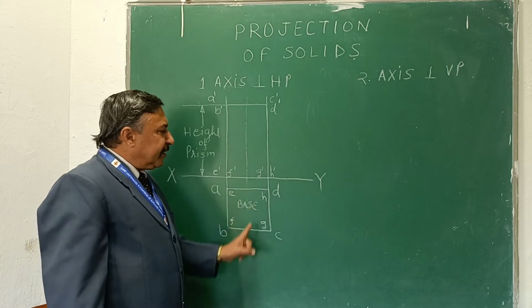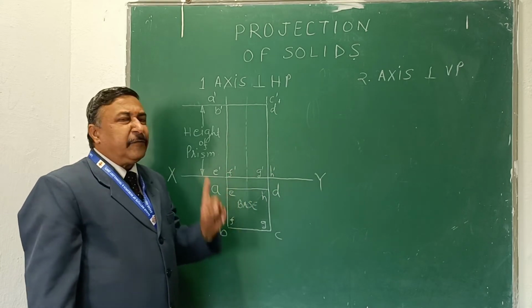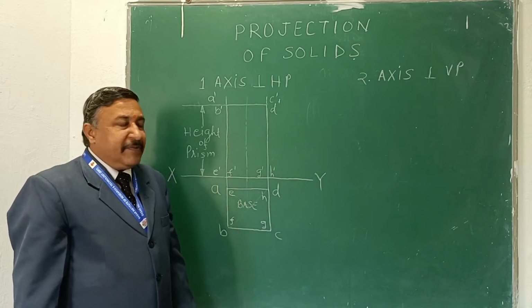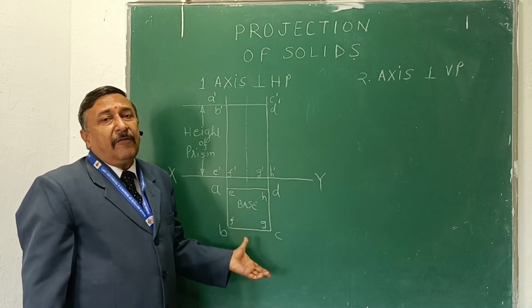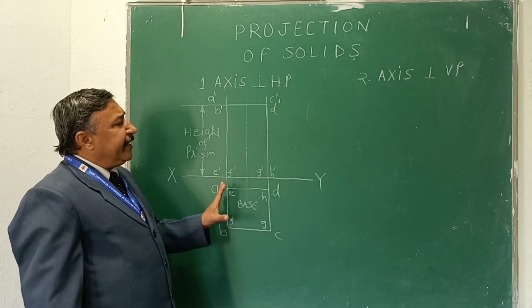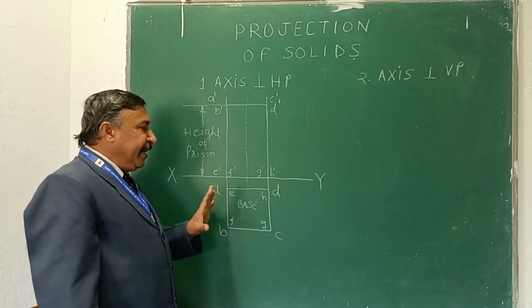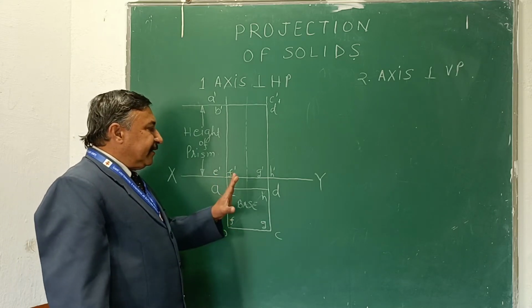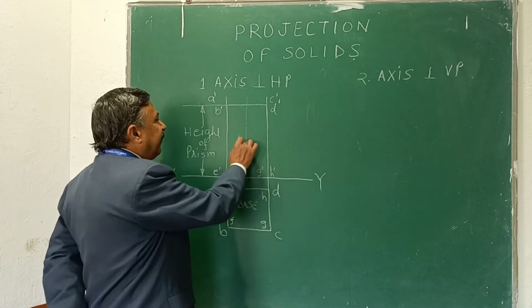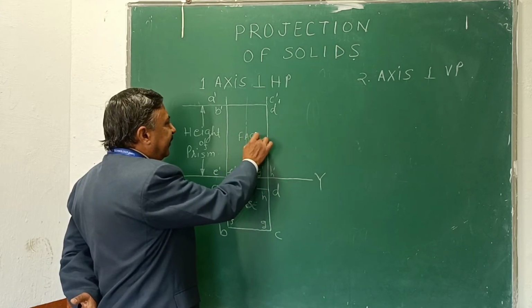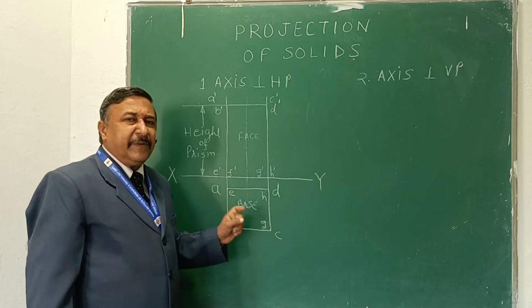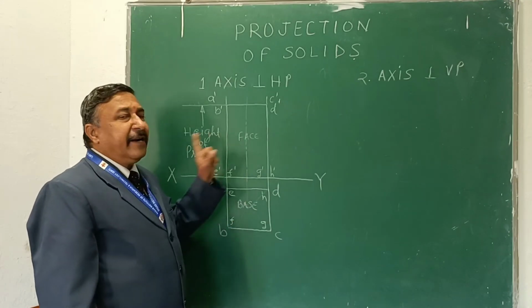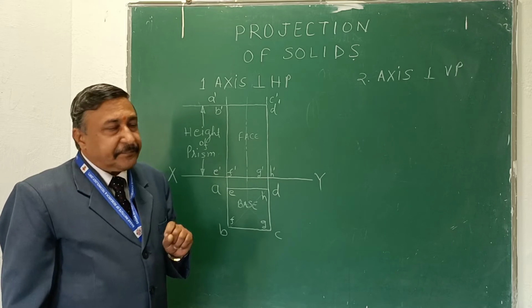So, this is the position of axis perpendicular to HP, and this is the system of drawing projection of solid. It is complete naming, complete showing, and there is no need to write face or base, but this is only for the understanding point of view.